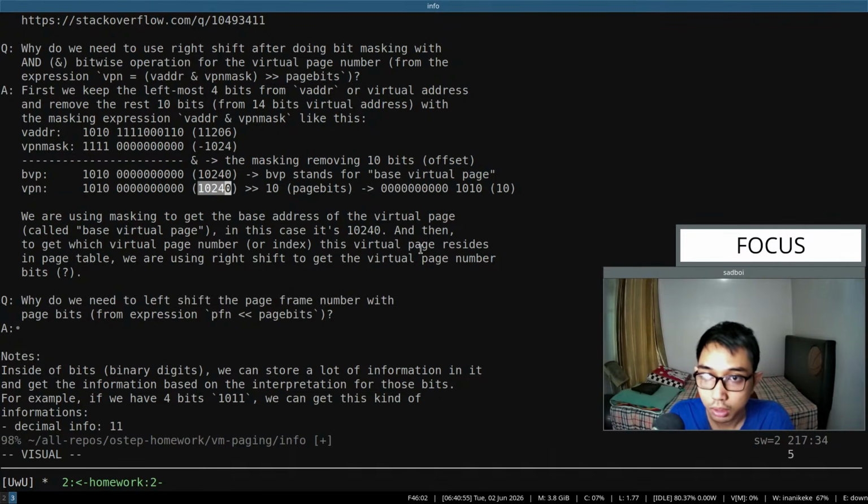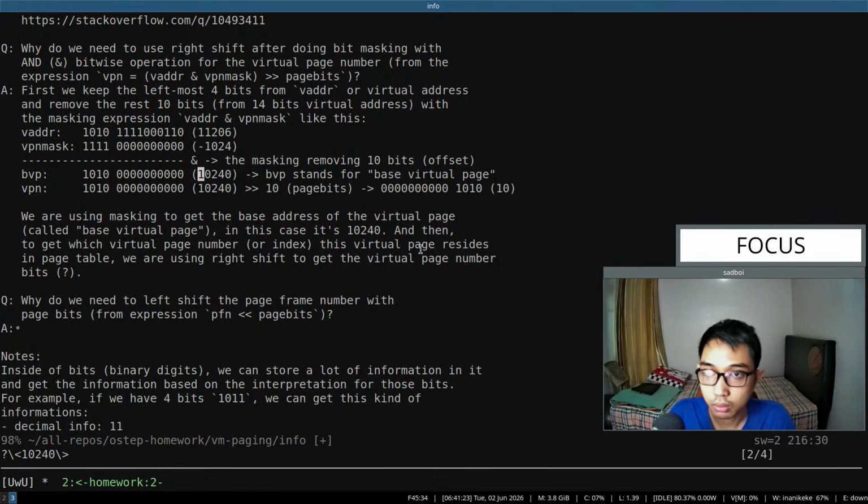And this one is the base of the virtual address, the base virtual address for the page number 10 here.